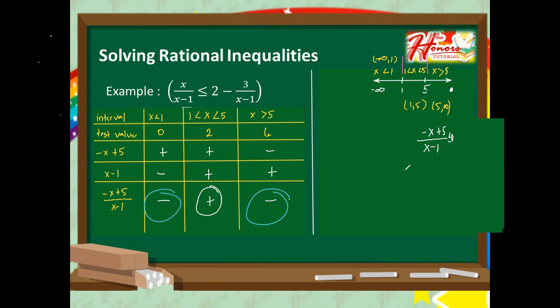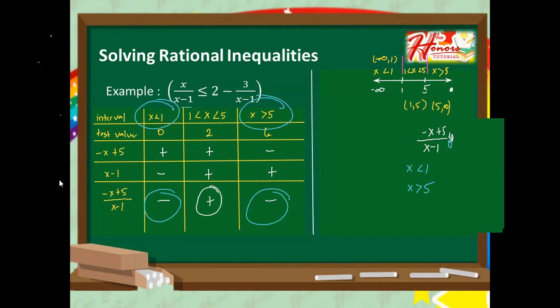So we will be having x is less than 1 and also x is greater than 5. We are referring to the interval that we have here. But please notice this: it is because we have the or equal to part here.